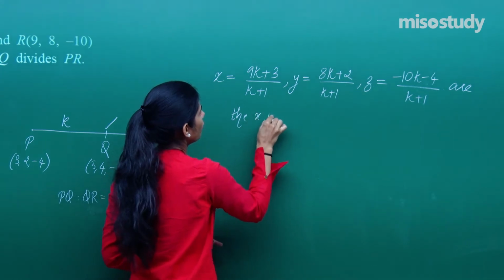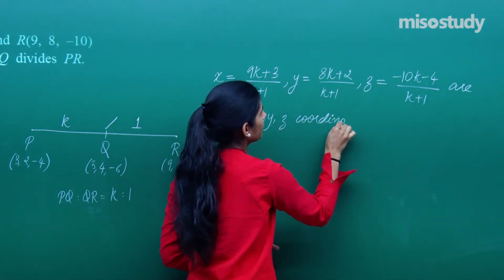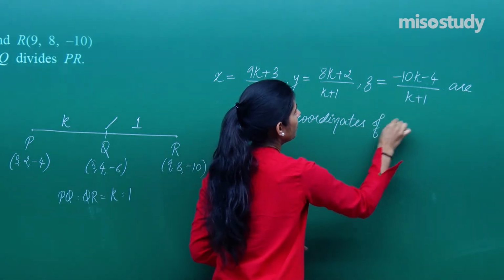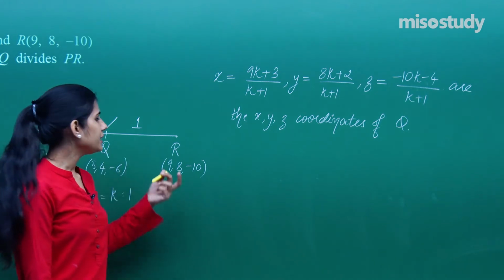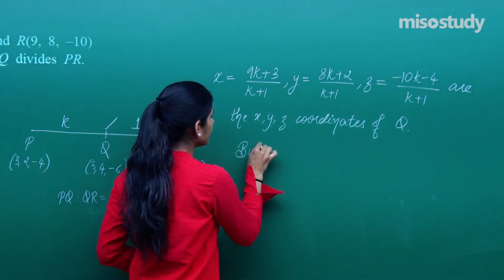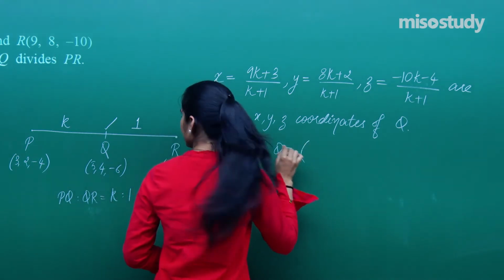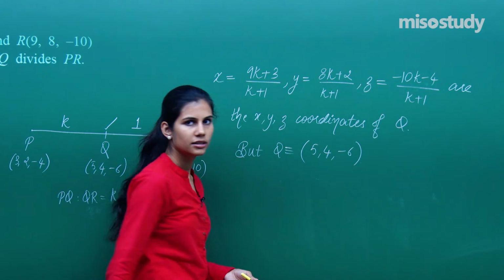These are the X, Y, Z coordinates of Q by the section formula, which is the dividing point, dividing the segment PR in the ratio K is to 1. But Q is already given to me as 5, 4, minus 6.